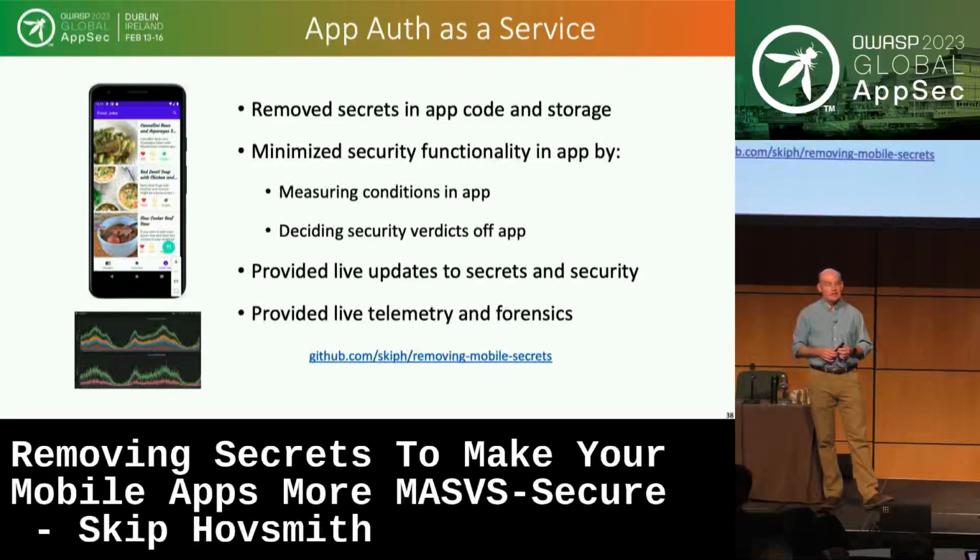You also get lots of live telemetry with this kind of setup, because when API calls are being made, you're requesting the service to make a decision for you. You're providing a lot of measurement data up to that service, which will aggregate it and show you exactly what's being detected, whether or not it's actually choosing to fail the device as a security policy decision, but you still have access to all that data.